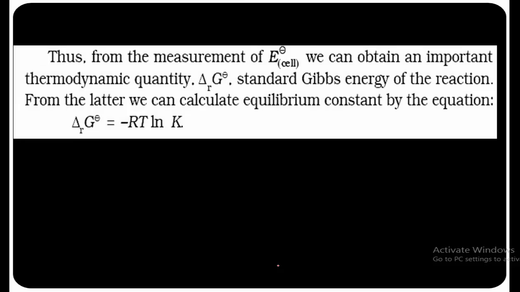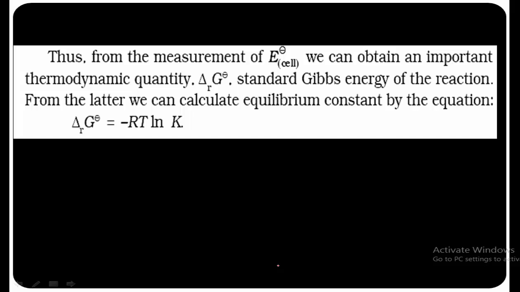Then here, from measurement of E0 cell, we can obtain an important thermodynamic quantity, that is the standard Gibbs energy of the reaction. So by using this we can calculate the equilibrium constant also.